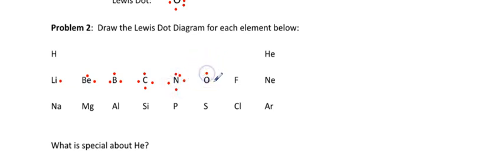Oxygen has 6. Fluorine has 7. And neon has, I'm just going to do it this way, 8. Hopefully you knew that. So whatever you did in the second period is true for the third period.